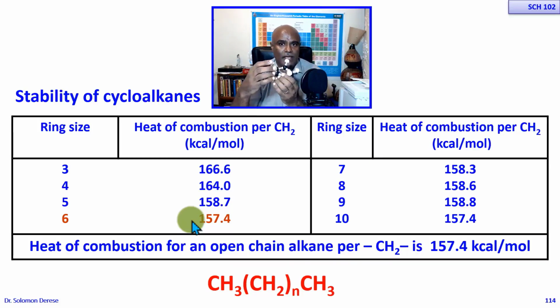Rather than being eclipsed, by adopting a three-dimensional structure, somehow they manage to relieve some of this strain. As we shall see, such kind of strain is called torsional strain. One of the reasons they adopt different conformations is to relieve the torsional strain so that they can become stable as much as possible from the eclipsed conformation, where the hydrogens on neighboring carbon atoms face each other, where their electrons repel each other.